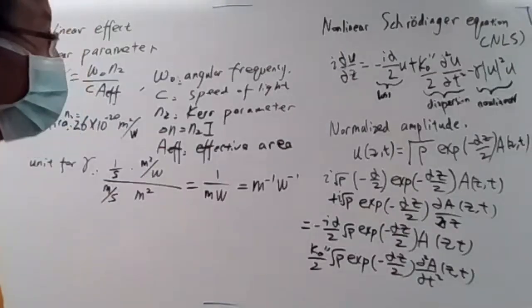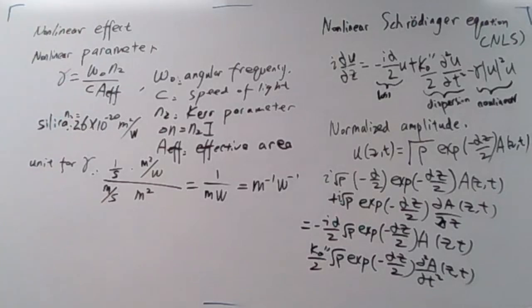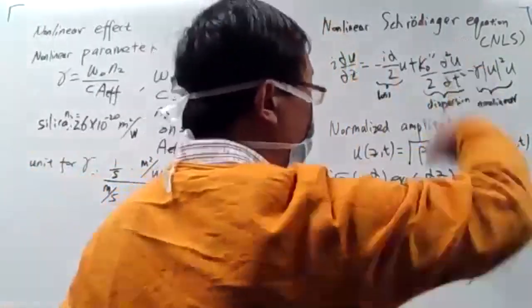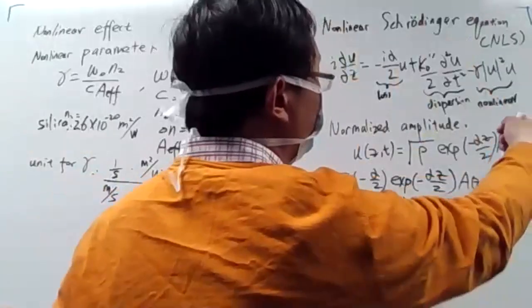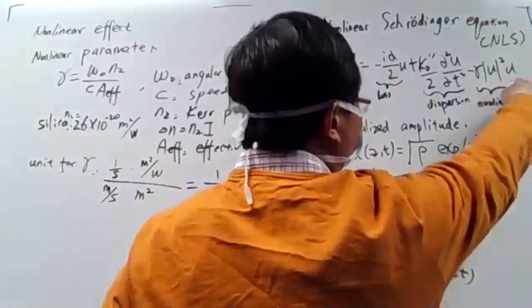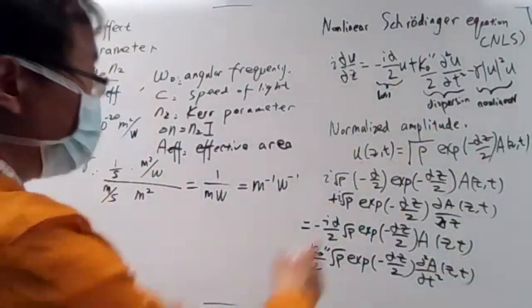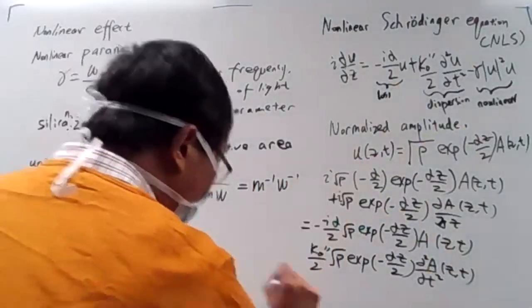Okay. Now we'll do the last term. The last term is gamma, the absolute value U squared U. So in this term, it's a negative gamma.